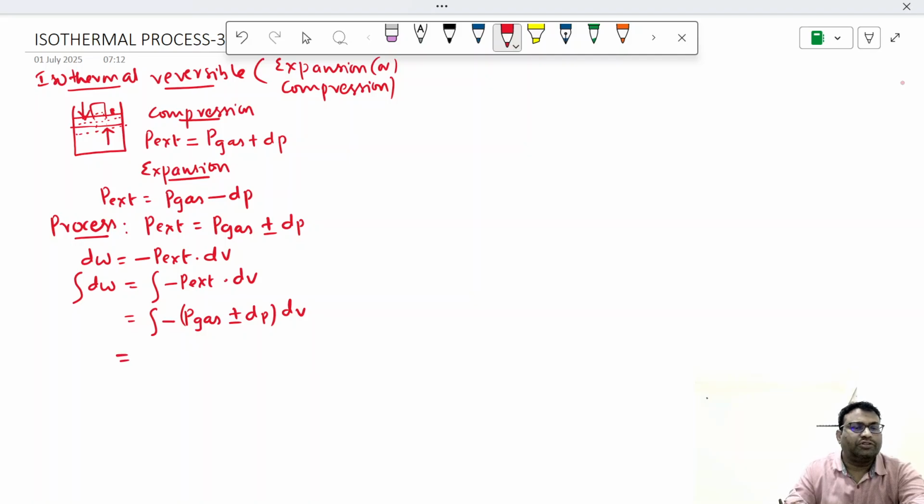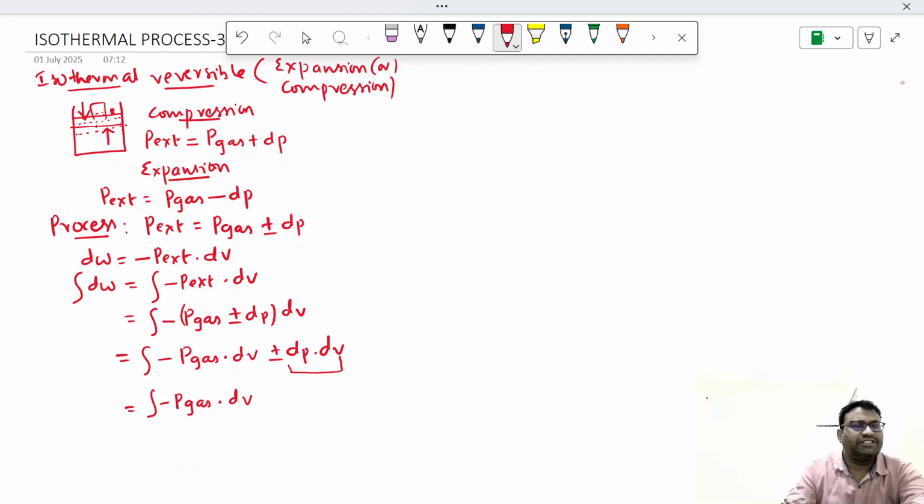Then you get minus P gas into dV plus or minus dP into dV. The product of an infinitesimal pressure and an infinitesimal volume will again be very small, so that can be neglected. Then finally you can write it as integration of P gas into dV.